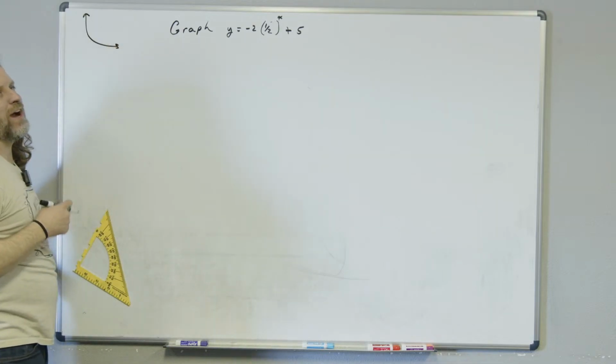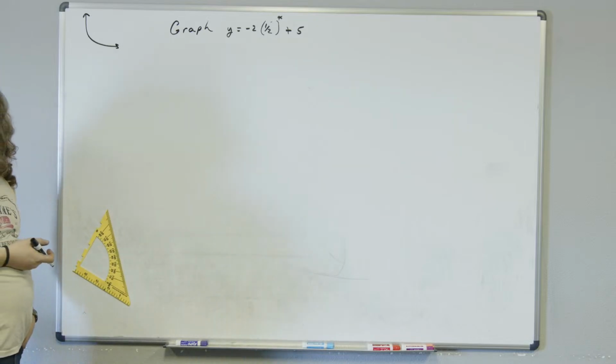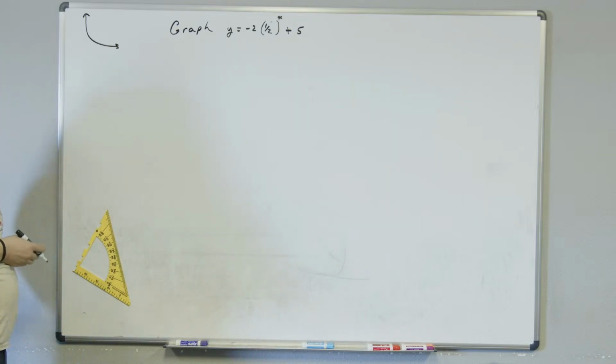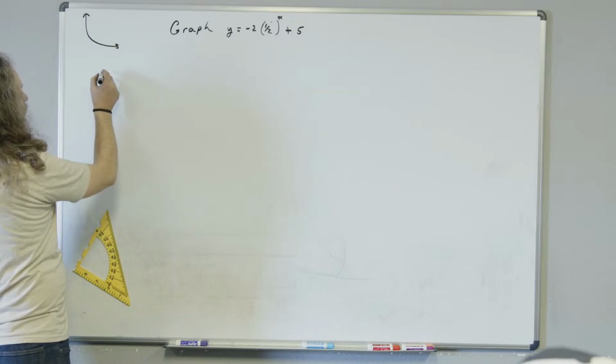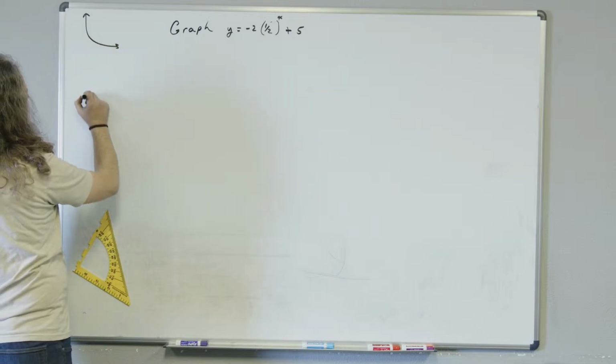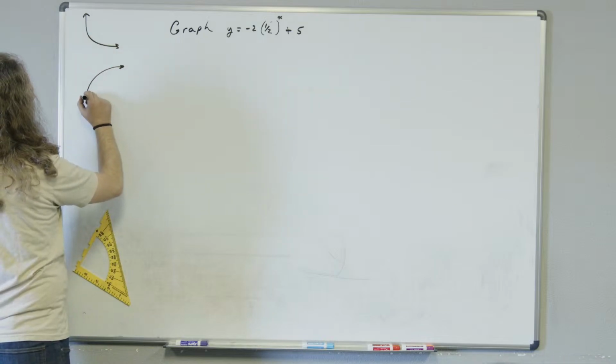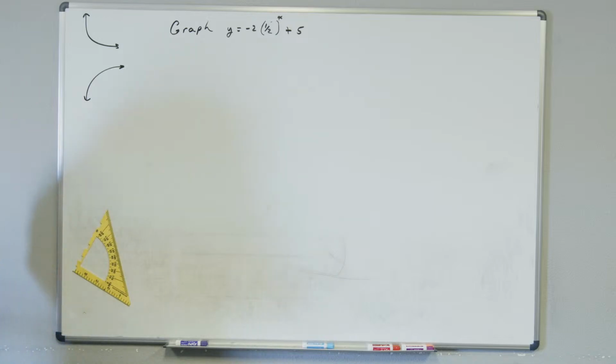How does our graph change the parent function? What all things change? Because it's a negative, does it flip it? It flips it. So it flips it over, right? So instead of being like this, it's going to be like this, right? What else changes? Did you know that 2 is not 1?